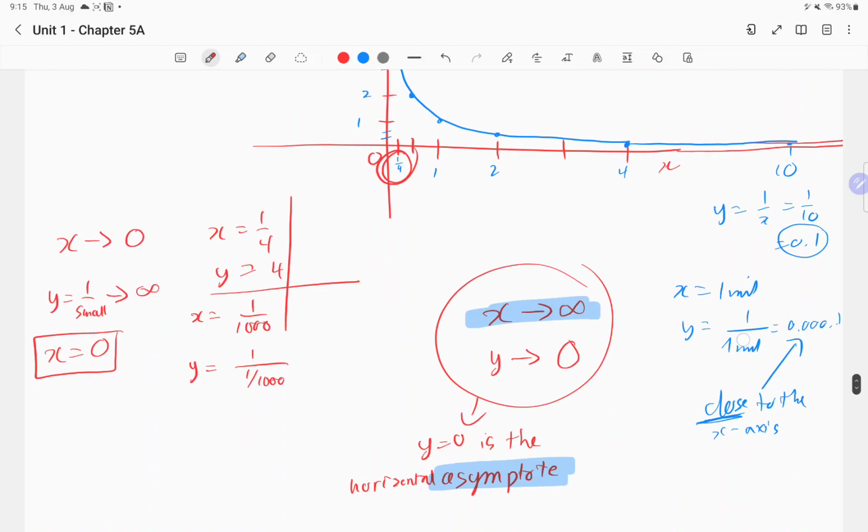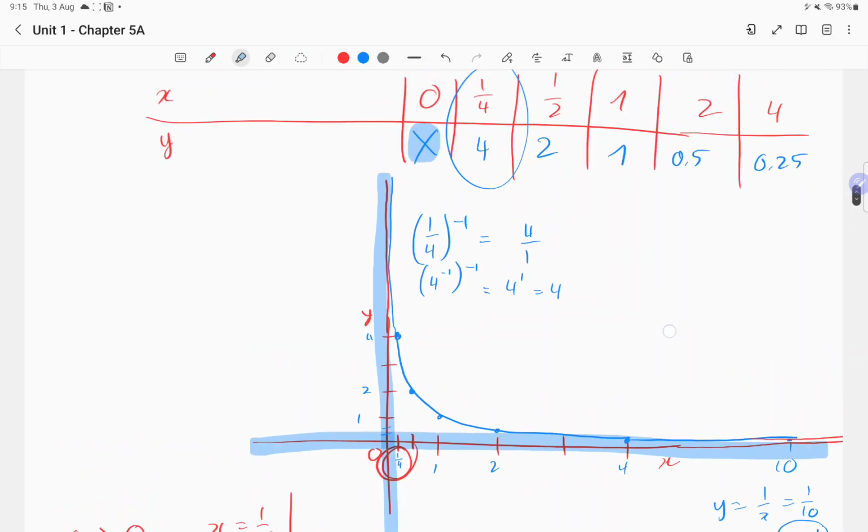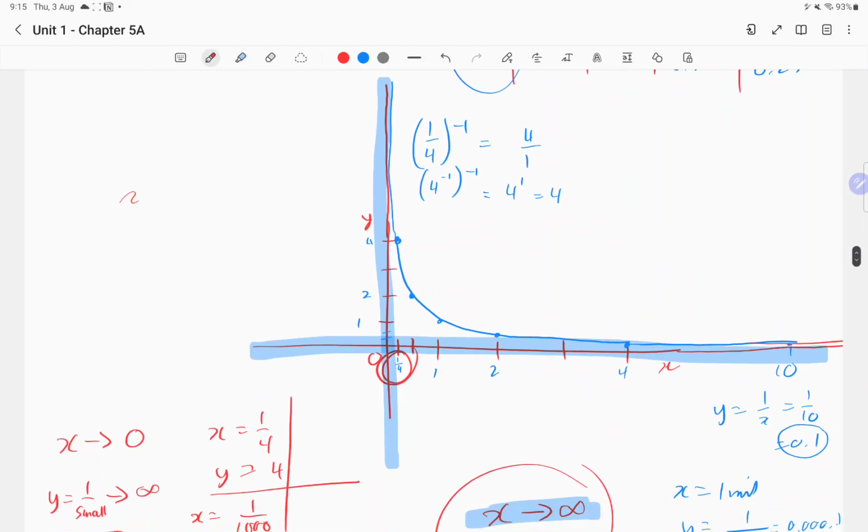Okay, so there are two asymptotes. The first one is the x-axis, because the graph will never cross the x-axis, but will approach it as x tends towards infinity. And then it will also be the y-axis. As x tends towards 0, the graph will get closer and closer to the y-axis, but never cross through it. And if you notice, the negative region will be the same. If x is negative 1/4, then y is just negative 4, so it's just somewhere really close down here.